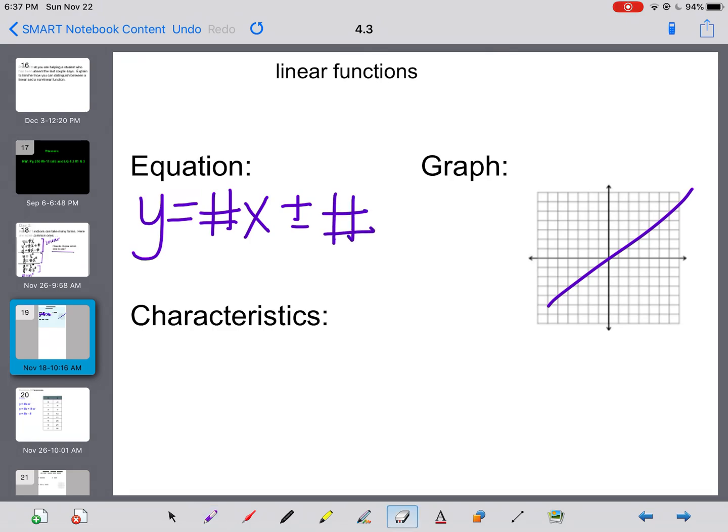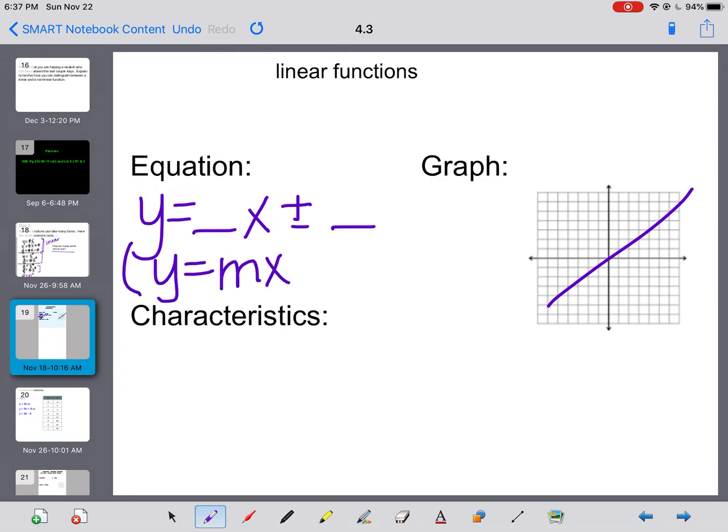The equation is going to look like y equals some number times x plus or minus some number. Okay, I actually kind of like it with spaces instead so we don't get confused. Okay, you maybe have seen this as y equals mx plus or minus b.